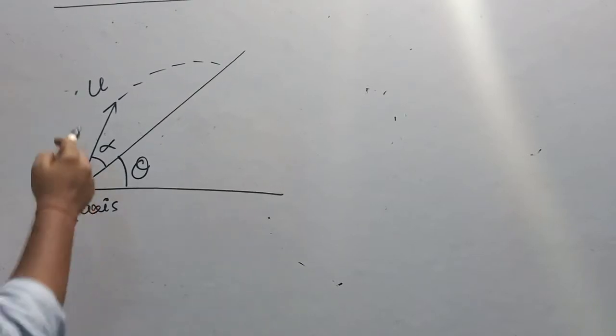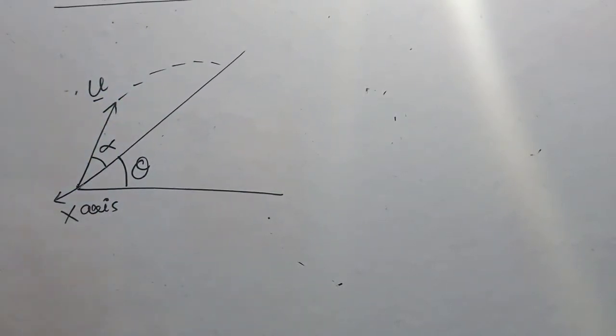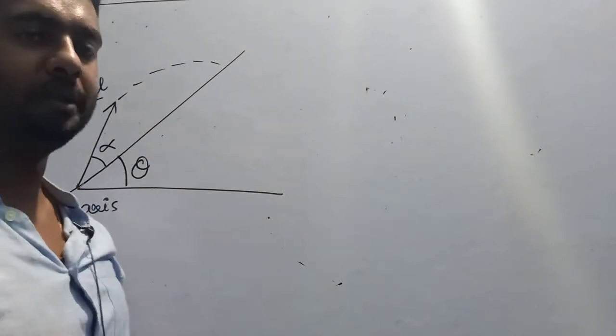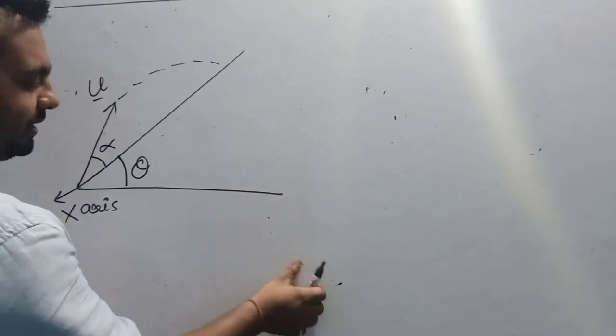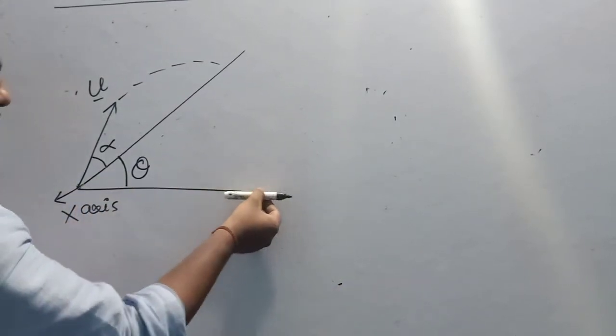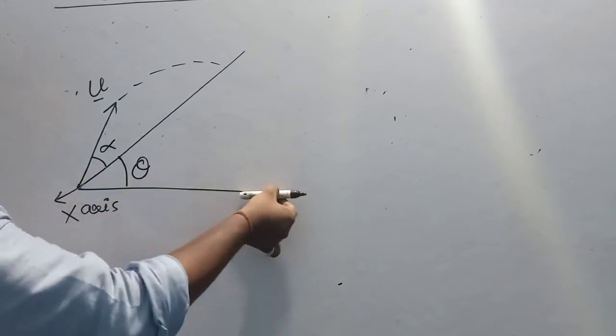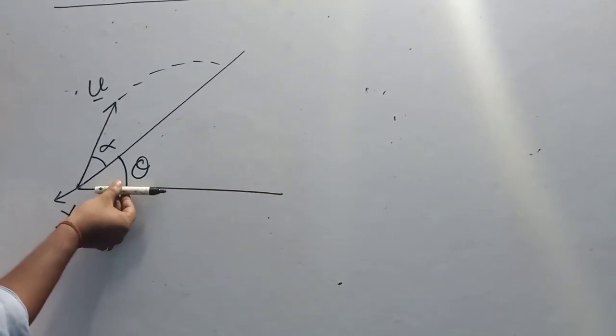Then I am going to resolve this into its components. The initial velocity u is a vector quantity, and a vector can be resolved into its components. In our general study, the axis parallel to the ground is taken as the horizontal axis, but here assume this horizontal axis to be rotated by some angle theta.